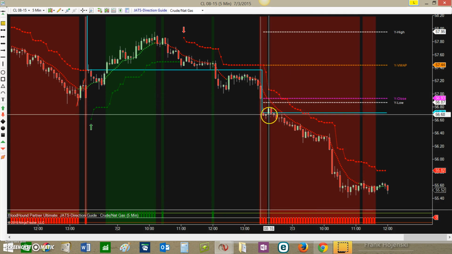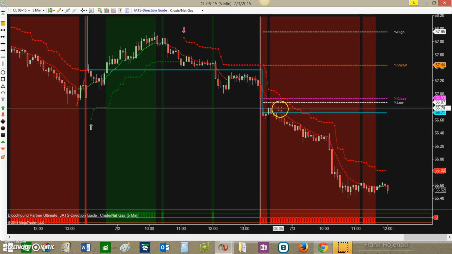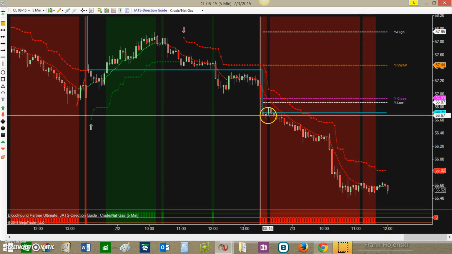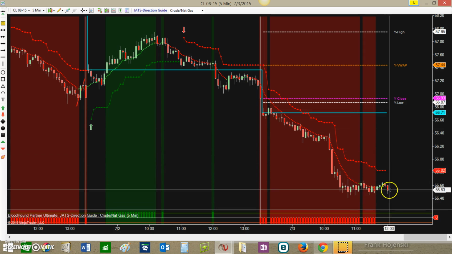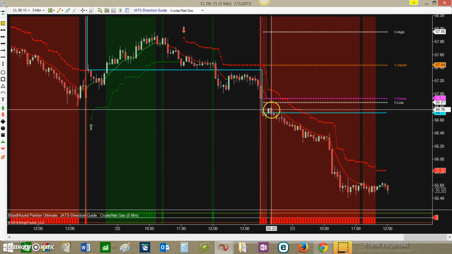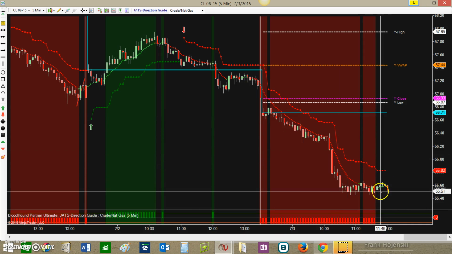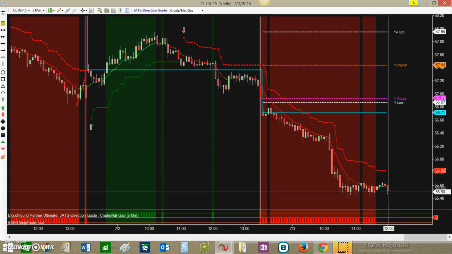So price flushed through these, hung on the open just for one candle, and then came all the way down. So it was a very, very good day trading session on Friday for crude, despite it being a holiday. Those opportunities are few and far between.